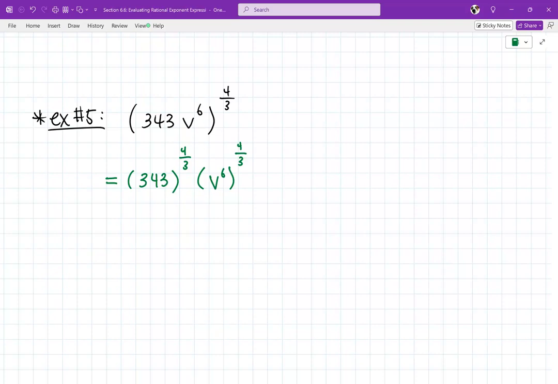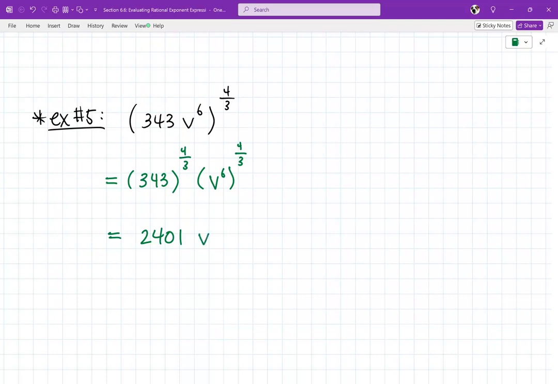Again, that's an algebra 1 property that basically says if you have a product inside of a parenthesis and there's a power on the outside, you can distribute that power into both products. So that's what I did. Now I can use my calculator. 343 to the 4/3 power is what? 2401. Okay, so 2401.